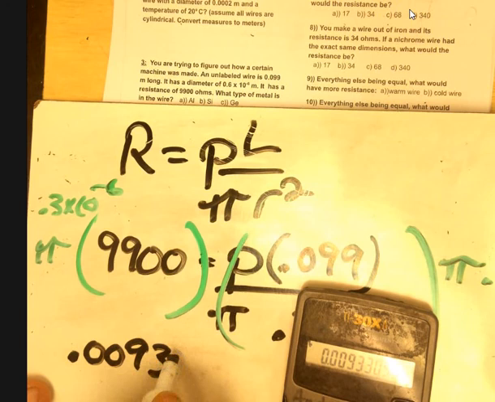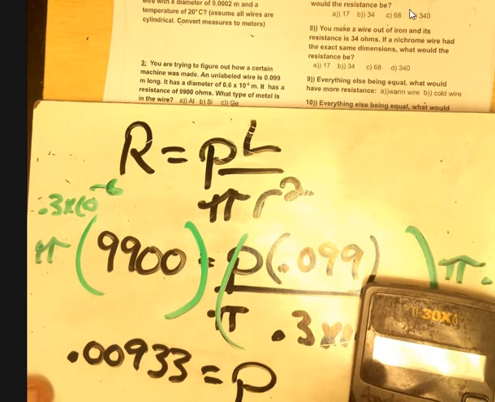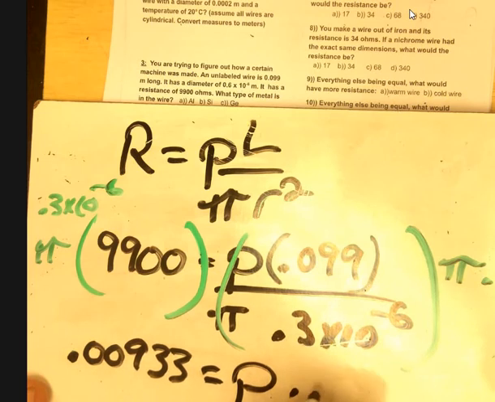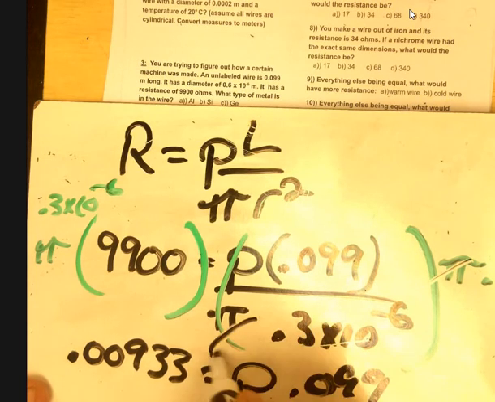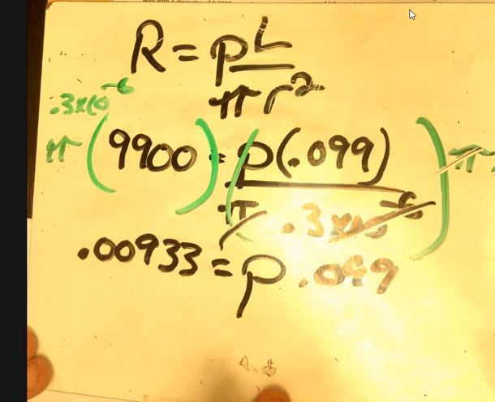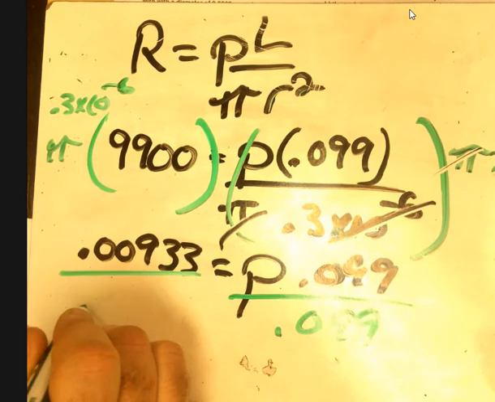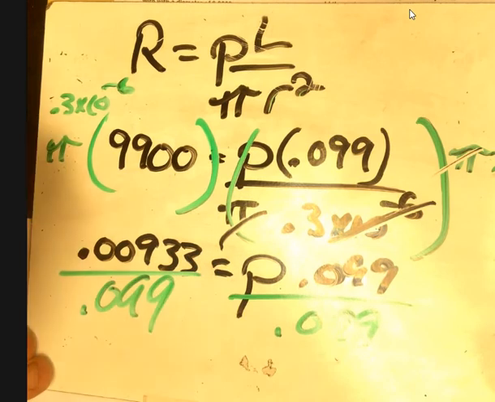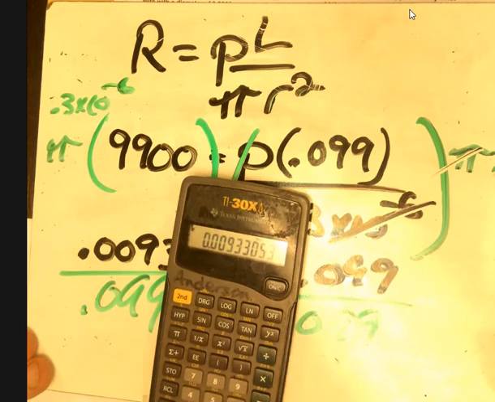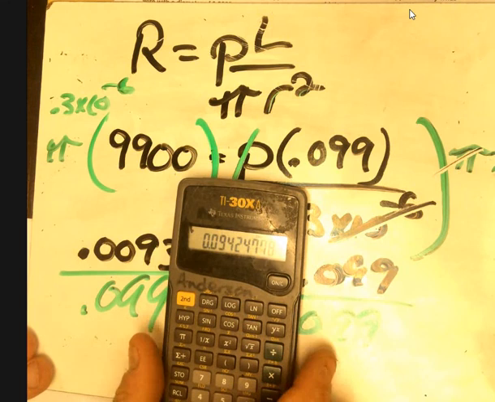That equals P times 0.099. These cancel, those cancel. Okay, so I now need to divide both sides by 0.099. Divide by 0.099 equals, I get 0.0942.